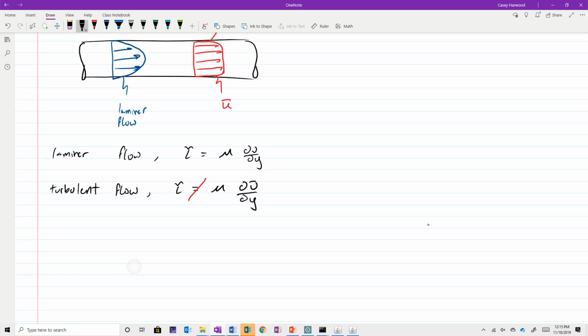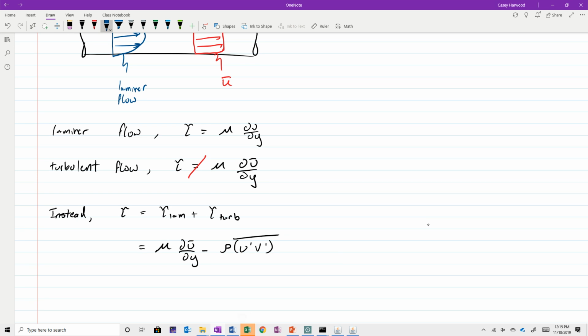So instead, tau is going to be written as tau laminar plus tau turbulent, which is equal to mu du dy minus rho u prime v prime, averaged.